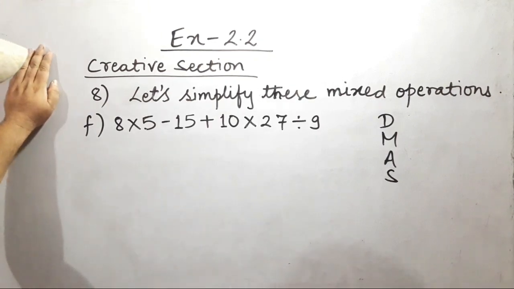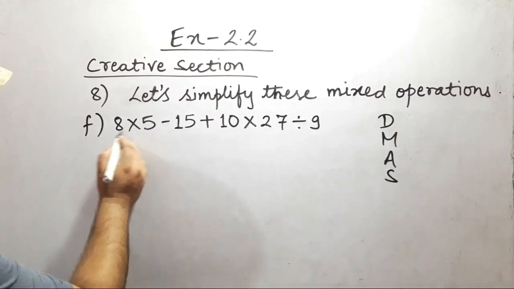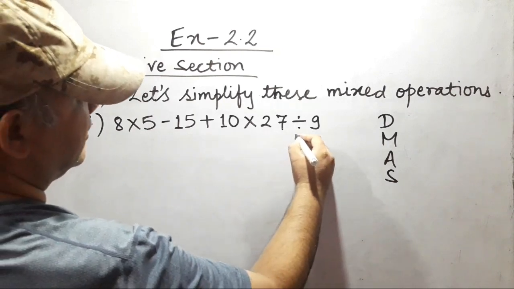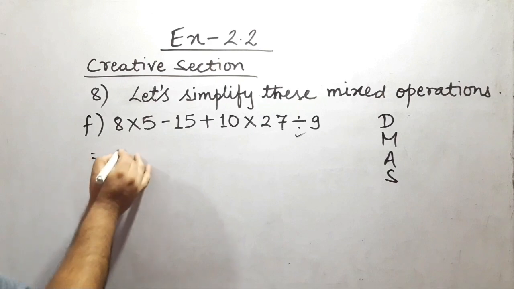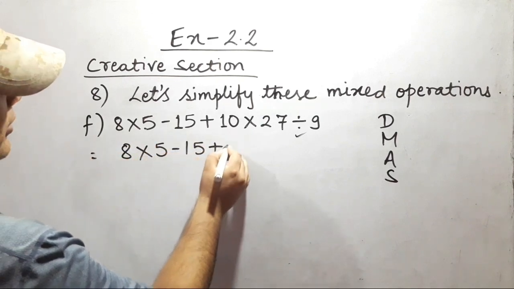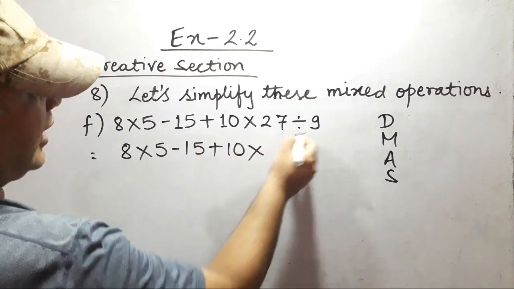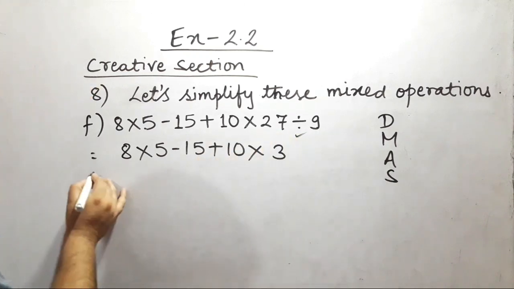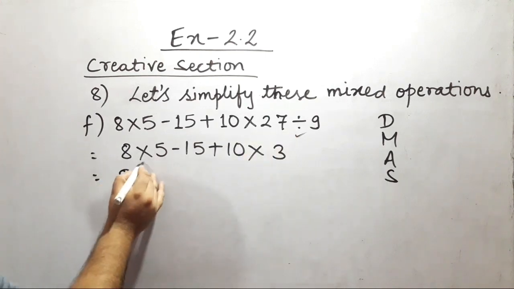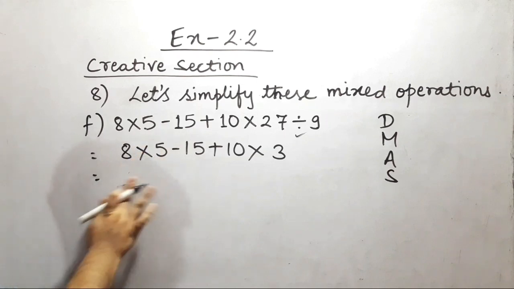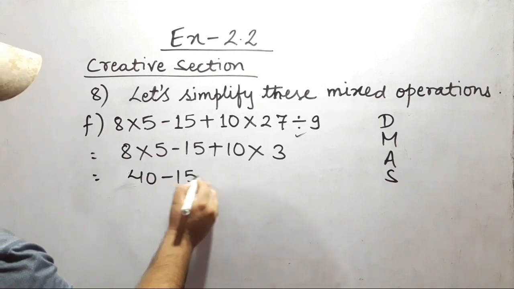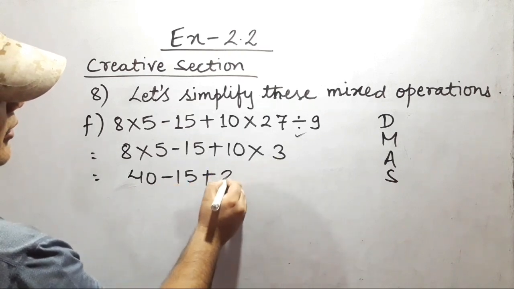This question is similar to the previous one. 8 into 5 minus 15 plus 10 into 27 divided by 9. Division sign at first. 9 3s are 27. After division, multiplication, 8 into 5, 40 minus 15 plus 10 into 3, 30.